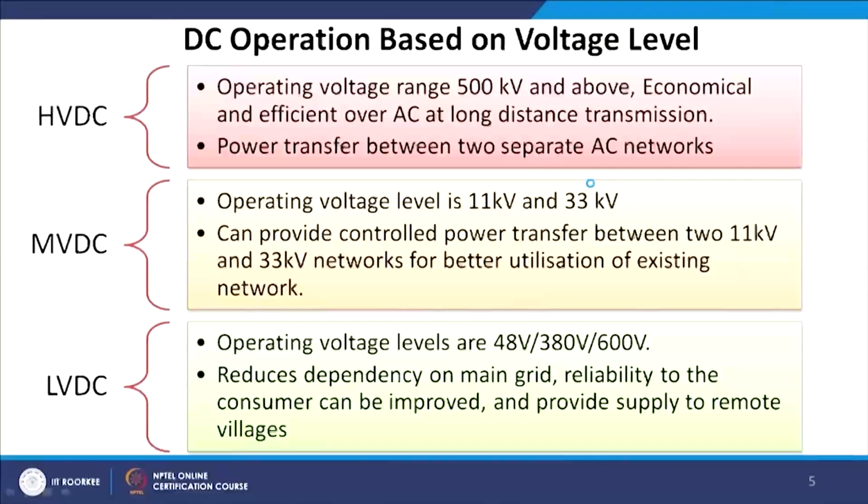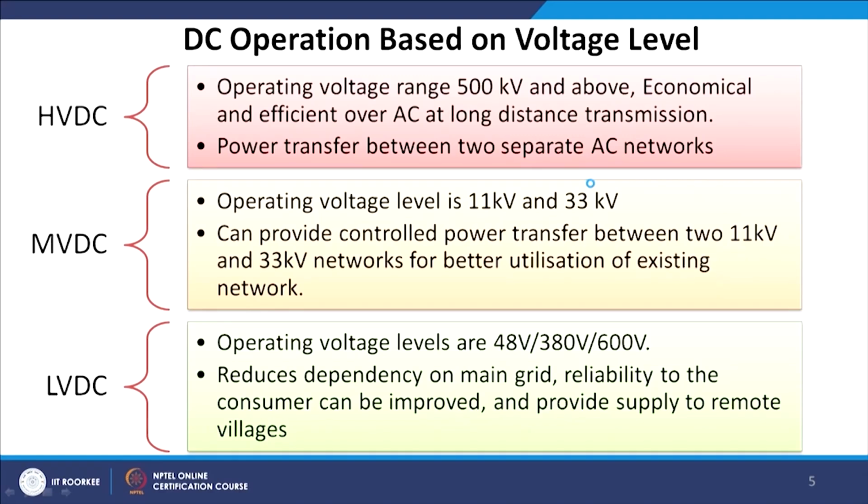The next one is the medium voltage DC system, where the operating voltage level is around 11 kV to 33 kV, which can provide controlled power transfer between 11 kV and 33 kV networks for better utilization of existing systems.